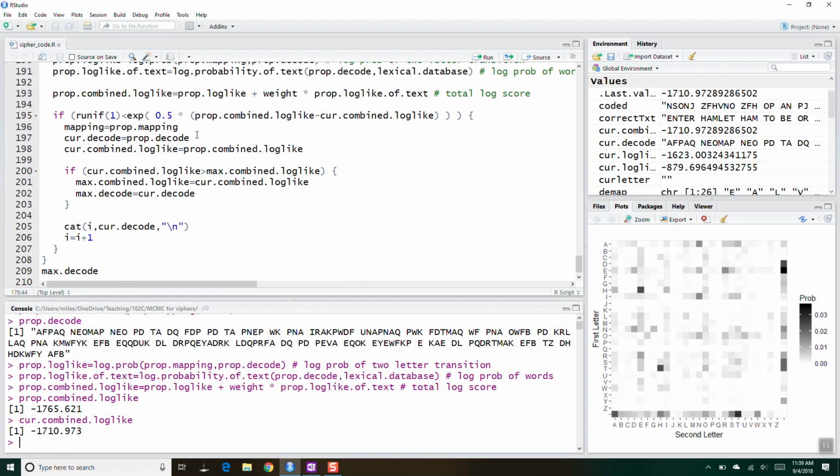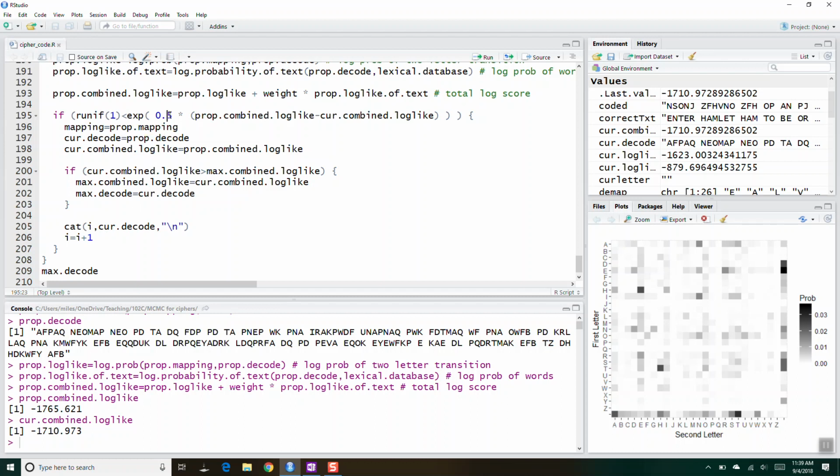And then what we do is, well, I guess we take... why did I do this? For some reason, instead of taking the log of our uniform, I'm raising this to the exponent.